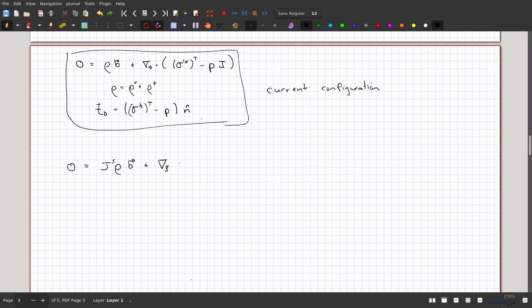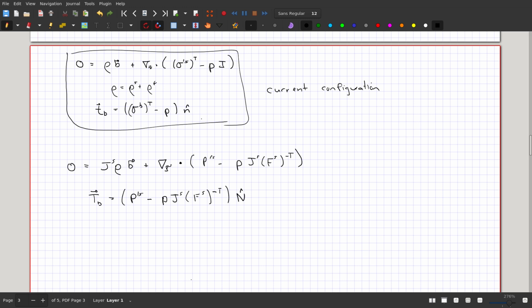Well, now this is the gradient with respect to big X. And the traction vector on the boundary looks like that, where we've pulled back.